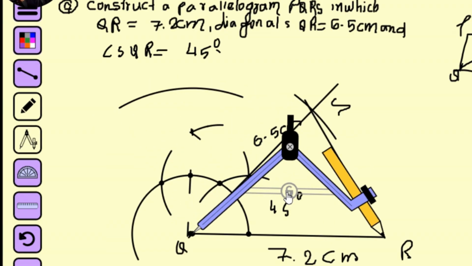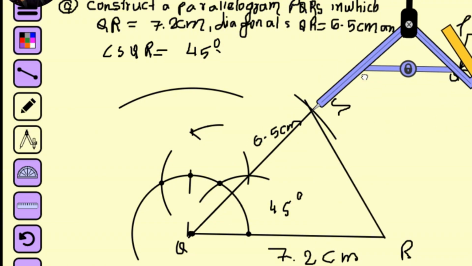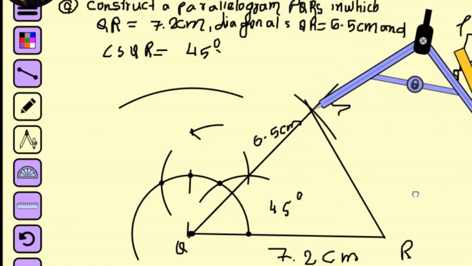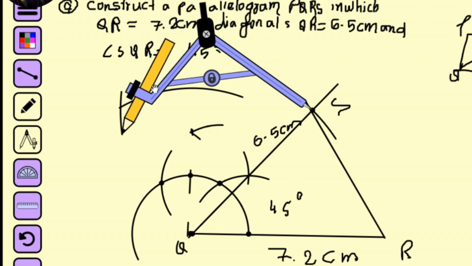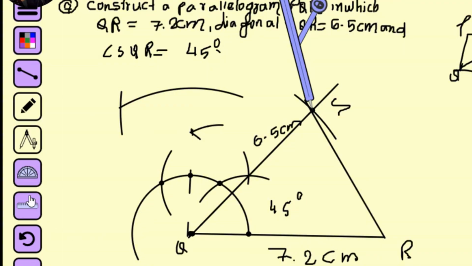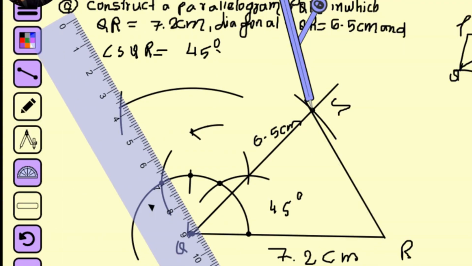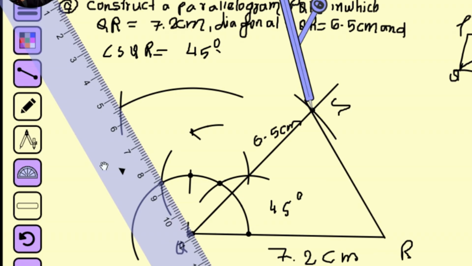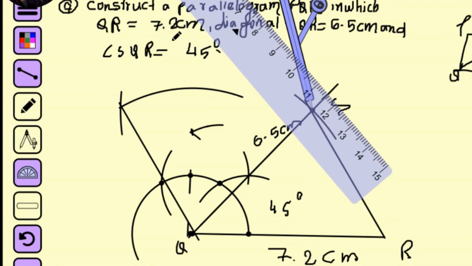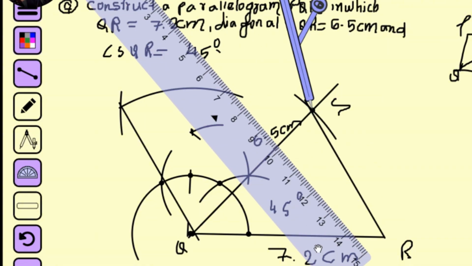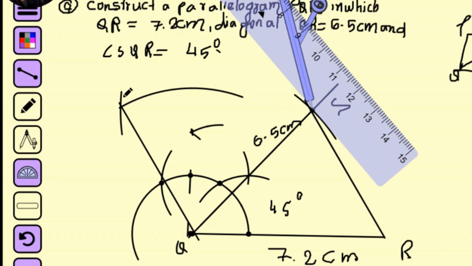Then again from S to here, cut this side. Join here first, like this, and then we have to join this upper one now. Then you will get the required one. Join this with the help of the ruler.